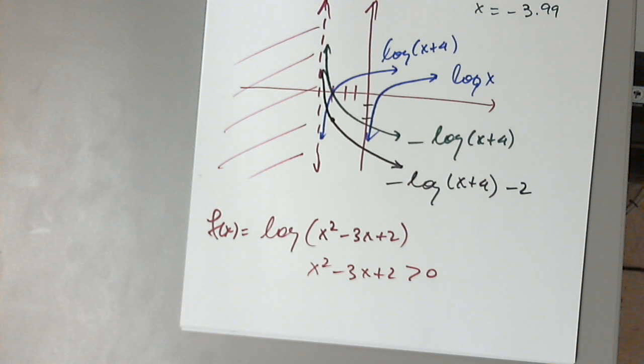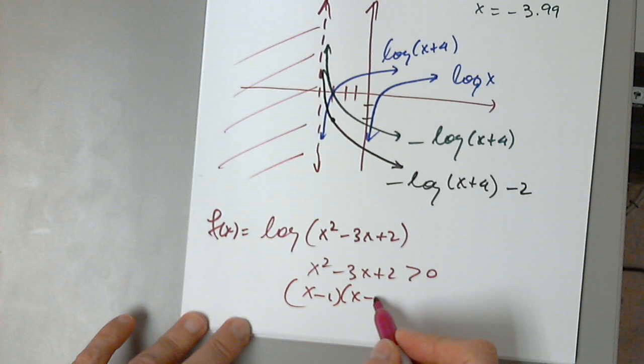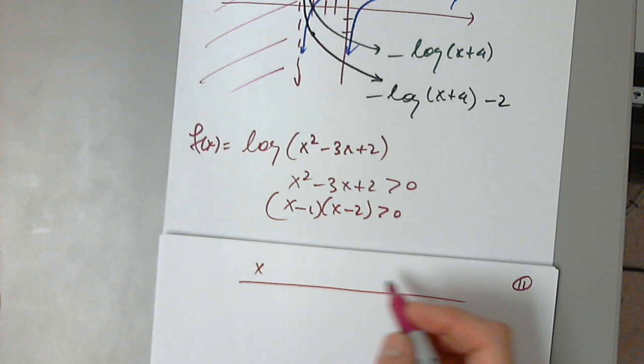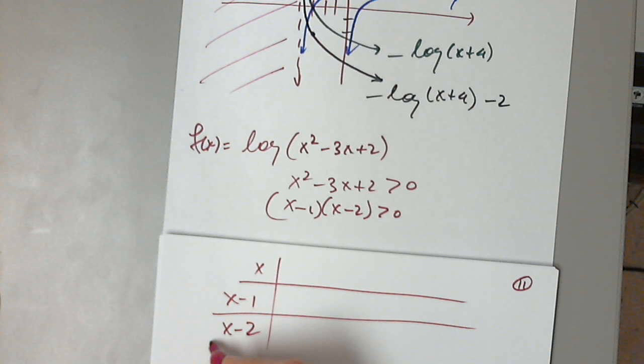Yes, Sarmat, go ahead. And now I have to dig deep, like 2 months ago. So how do I solve this? You have to make factors. Factors. Very good, awesome. So, okay, x minus 1 and x minus 2. Now what? Make the table. Excellent. Well done. x minus 1, x minus 2, and the product.